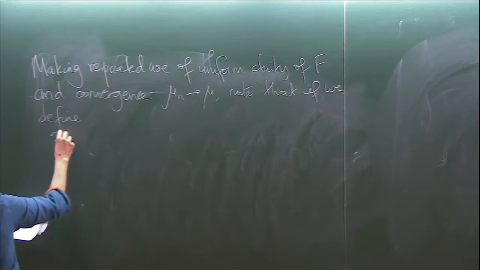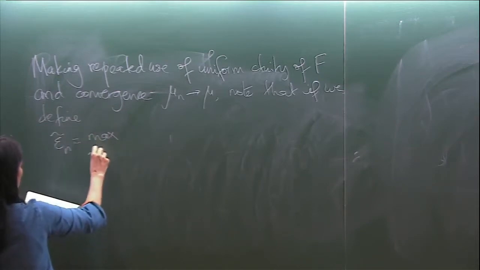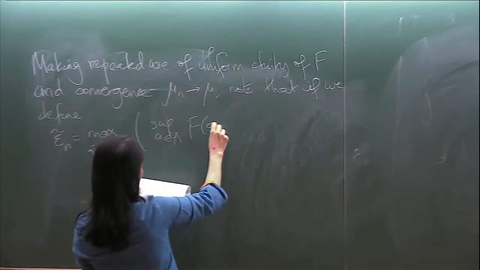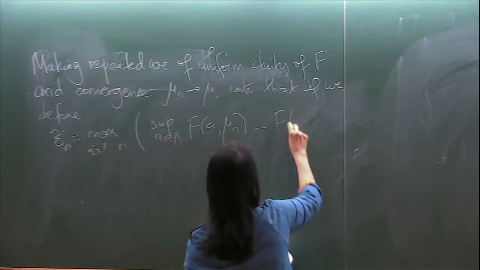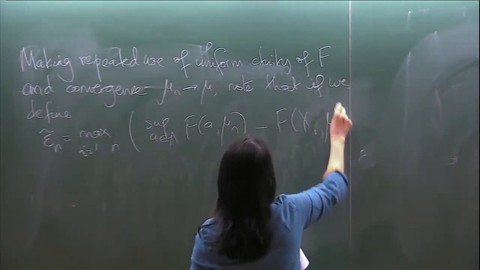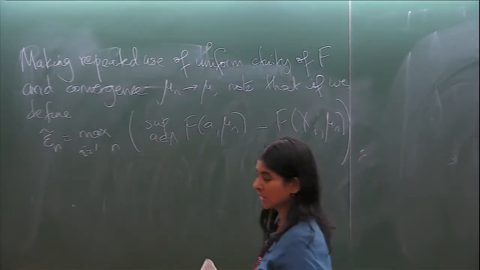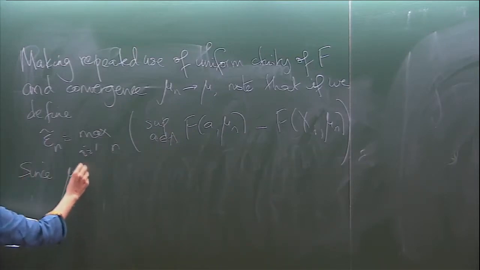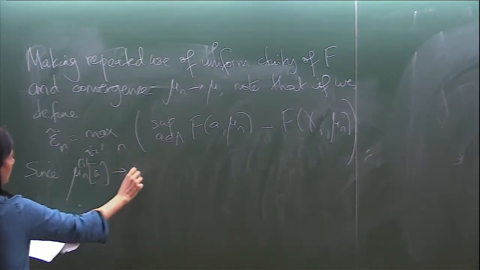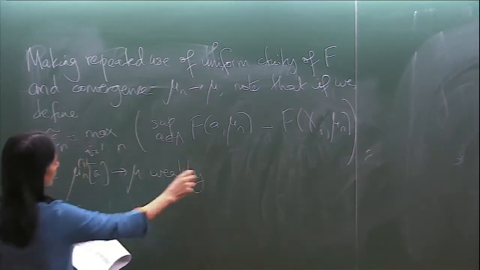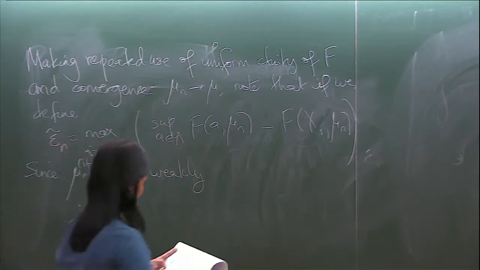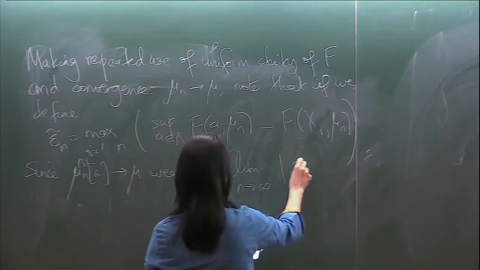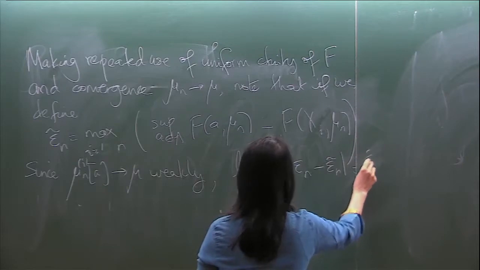So if I define epsilon tilde_n to be the max over all the players of the sup of f(a, mu) minus f(X_i, mu), which is clearly a positive thing. The difference between that and epsilon_n, since mu_n^{i,a} converges to mu weakly, because the difference between that and mu_n is just some 1 over n thing, you have the limit, and I'm using the uniform continuity of f everywhere without repeating that, of epsilon_n minus epsilon tilde_n equal to 0.